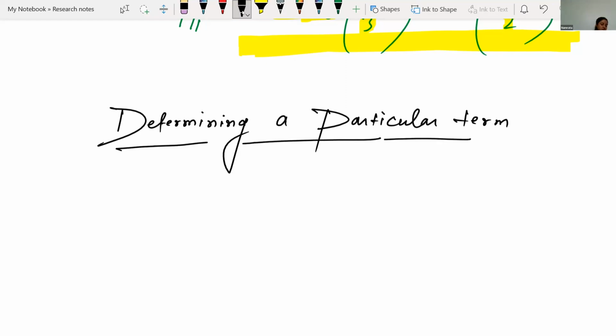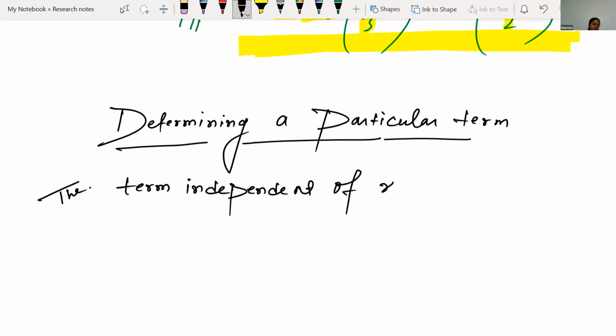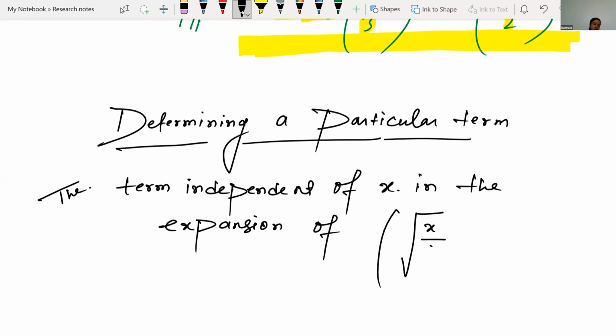So here the question says the term independent of x in the expansion of (root x by 3 plus 3 by 2x square) to the power 10 will be.